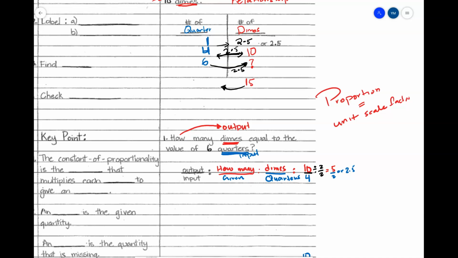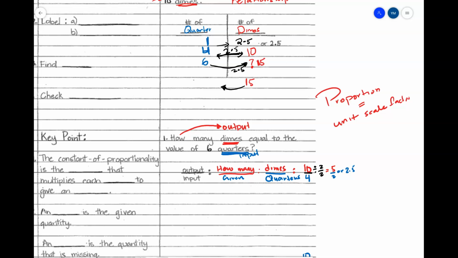If I was given 15 dimes and I said, now go back and do the opposite, but I just realized that we actually never answered the original question. So if I take 6 quarters and multiply it by 2.5, I would actually get 15 here.